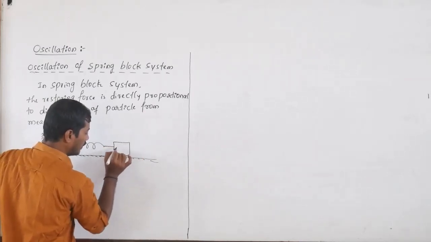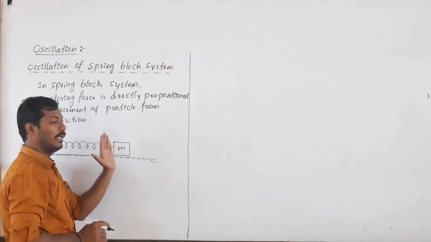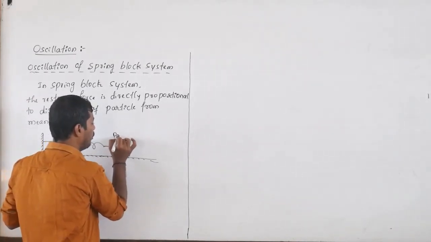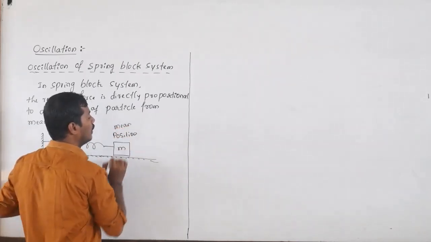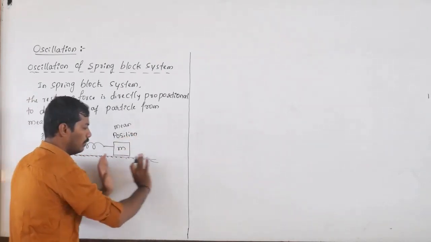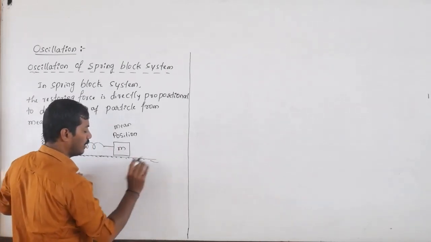This is the mass of the body. The initial position is called the mean position. When it is moved away from the mean position, its displacement is here.